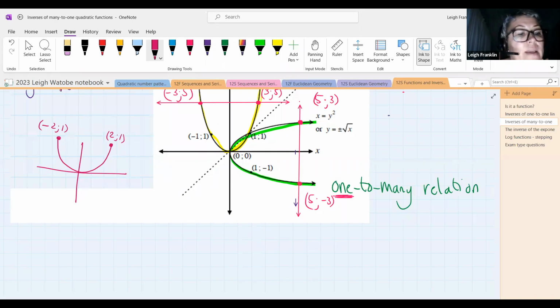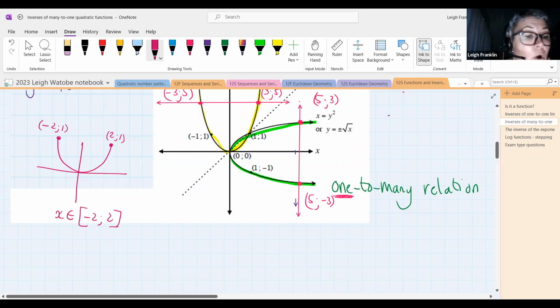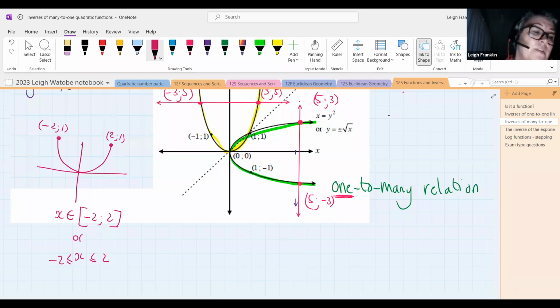So as far as x is concerned, x is an element from and including -2 to 2, written with block brackets. Or I could write that as x is greater than or equal to -2, but smaller than or equal to 2. That's restricting the domain. By restricting the range, I'm also saying I'm not getting any bigger than 1. My smallest y value is 0.